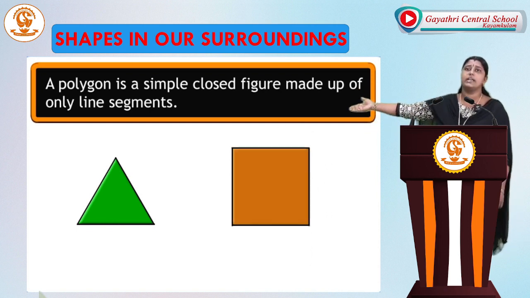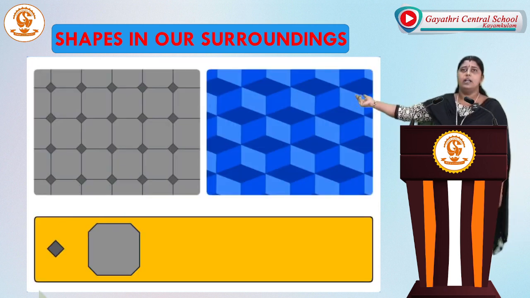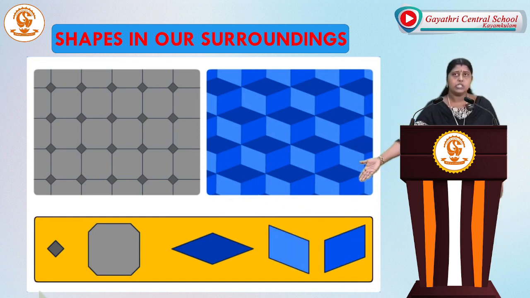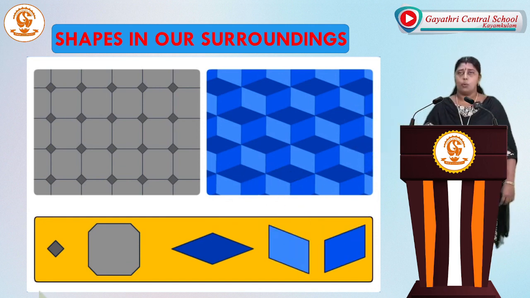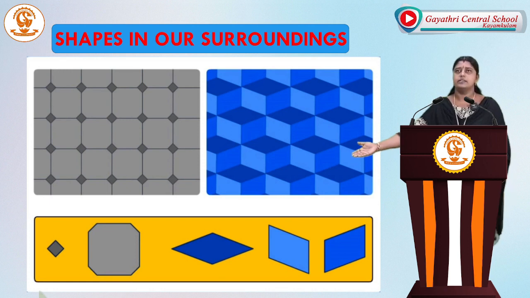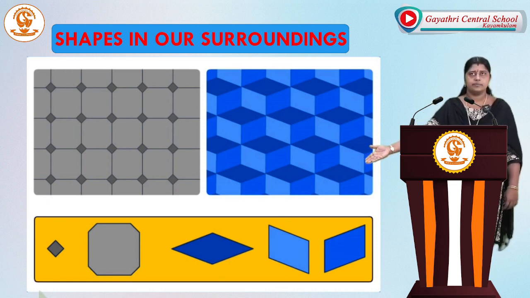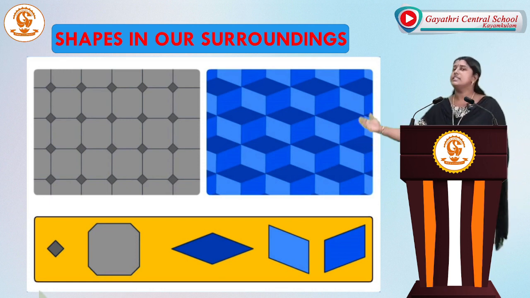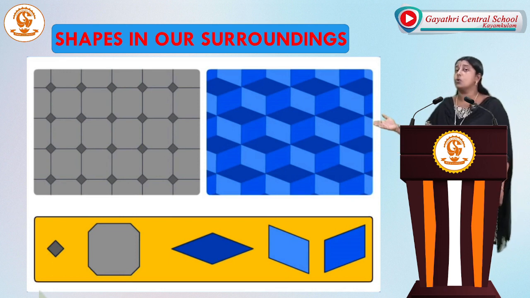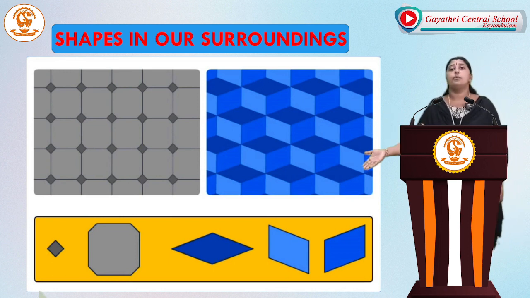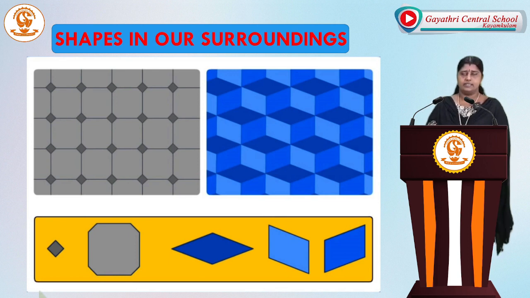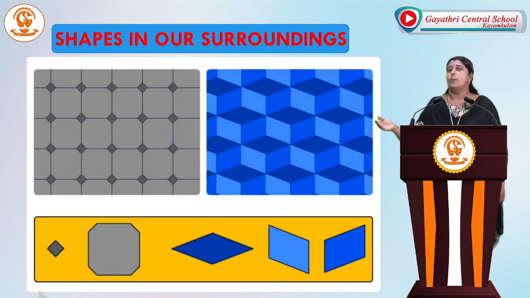Here in this pattern, we can see so many polygons, triangles and others. These are closed figures made up of straight lines.